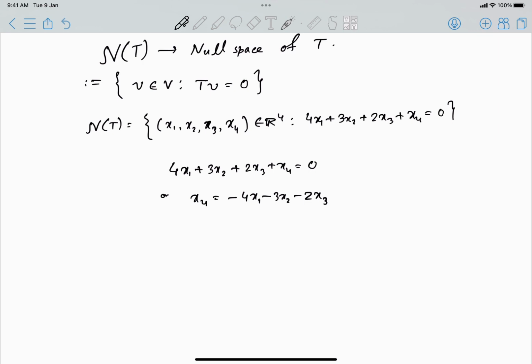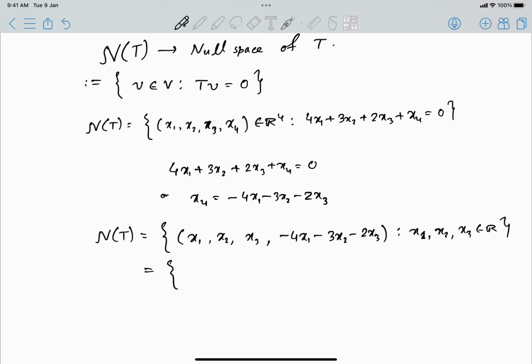Then the null space of T is the set of vectors (x1, x2, x3, minus 4x1 minus 3x2 minus 2x3), where x1, x2, x3 are real numbers.